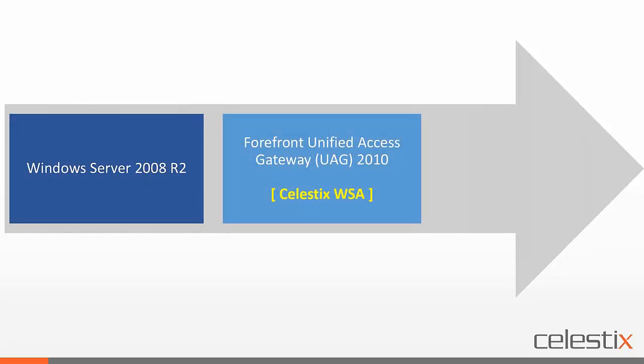So Microsoft realized this, and when they introduced Forefront Unified Access Gateway, or UAG 2010, they included a number of features that reduced some of the infrastructure requirements and reduced some of those barriers to entry for deploying DirectAccess. Celestix introduced the Celestix WSA platform, which was delivering Server 2008 R2 and the Forefront UAG 2010 workload.